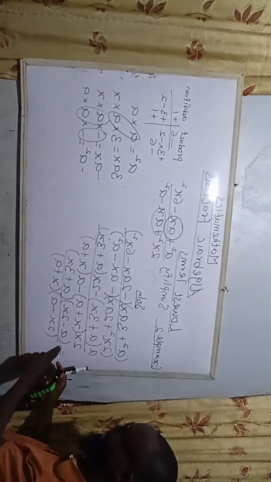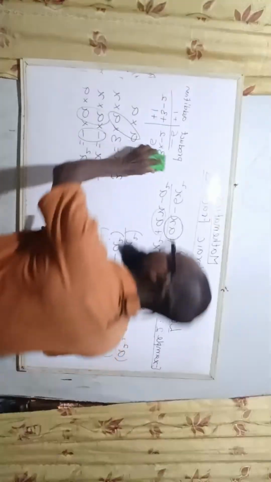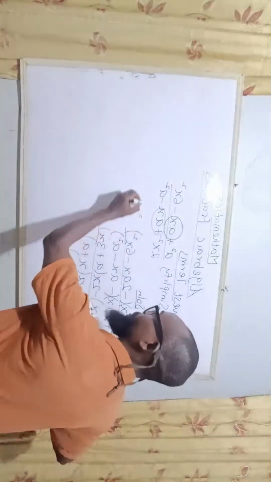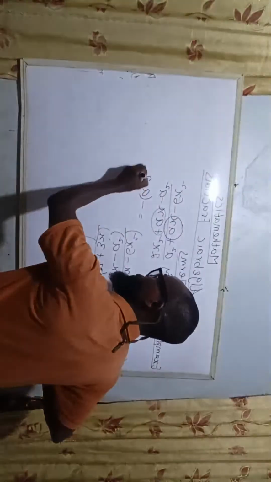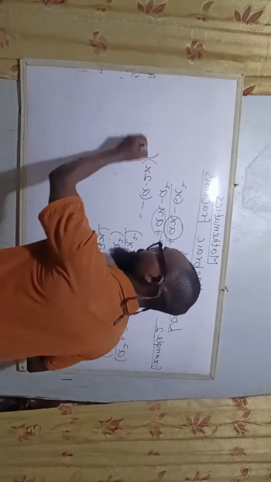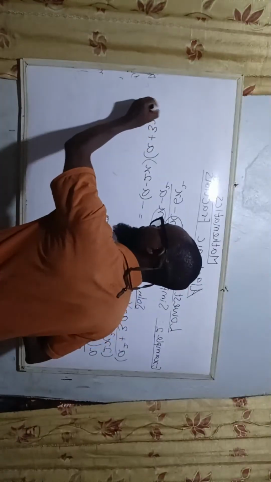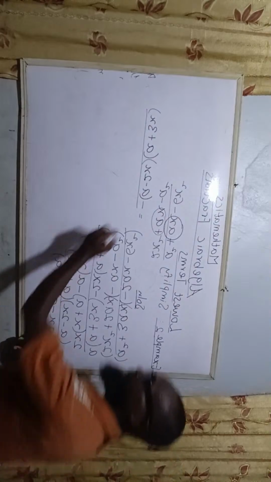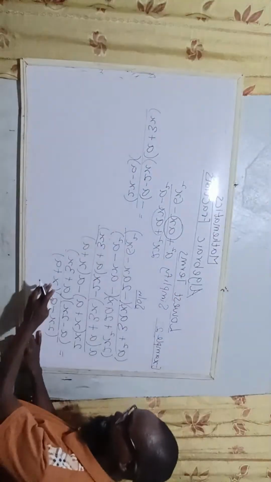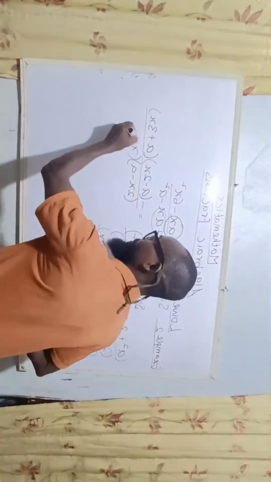If I introduce my negative sign here, I'm going to have minus, open brackets, A minus 2x, then A plus 3x, divided by 2x minus A, and x plus A.